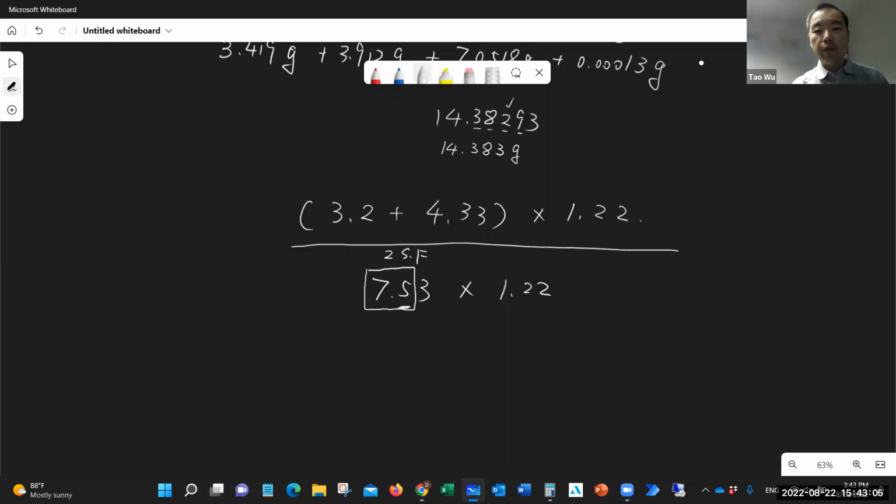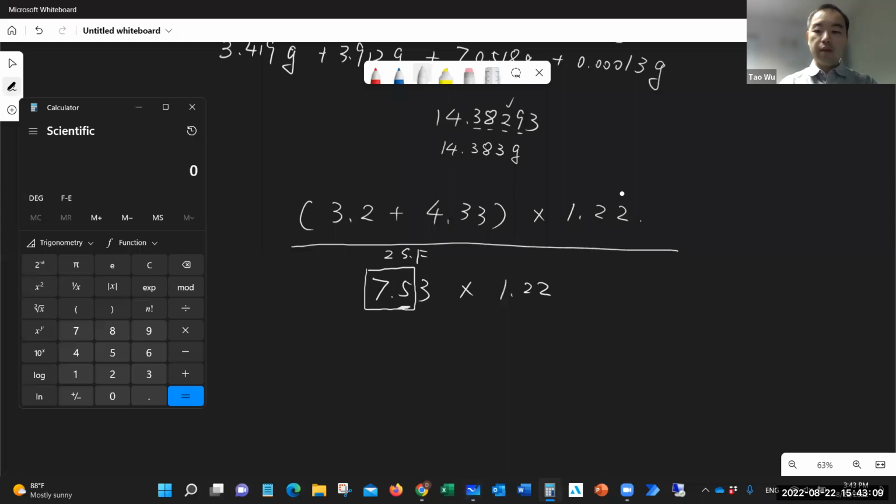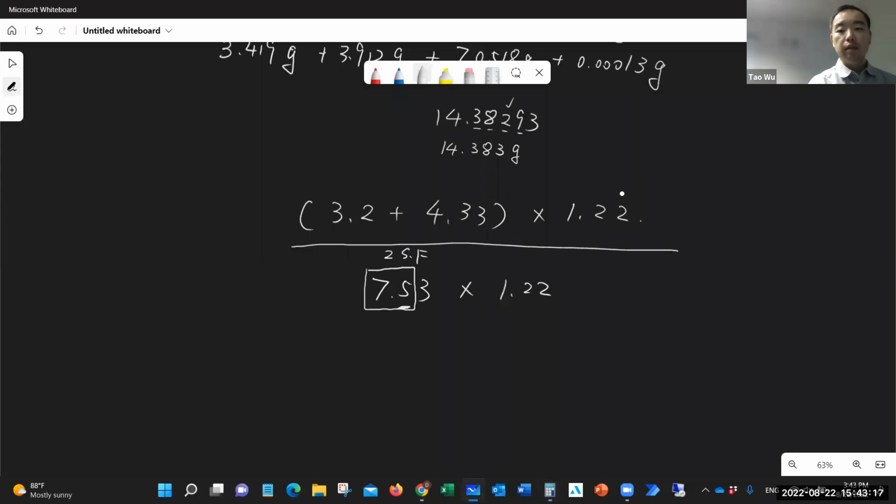Okay, so let's keep going on this part. So now we have 7.53 times 1.22. So you got 9.1866. Okay, so now we said this is a multiplication, right? So we should keep the least sig figs.